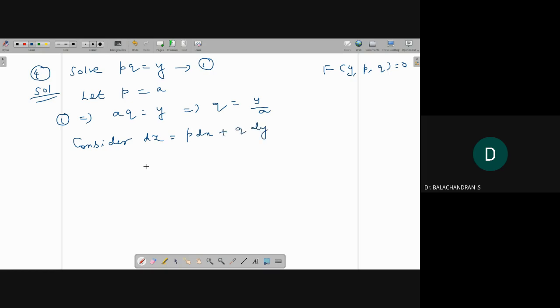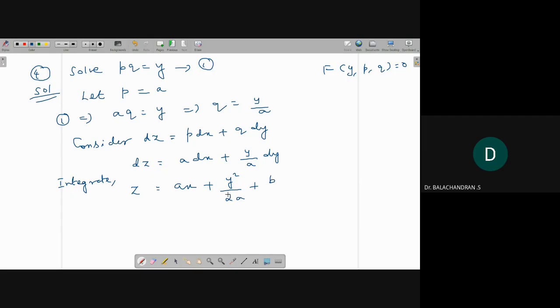Now dz equal to, what is p? a dx, and q is y by a dy. So if you integrate this, you'll get z equal to ax plus, integrating this, y square by 2a plus b.